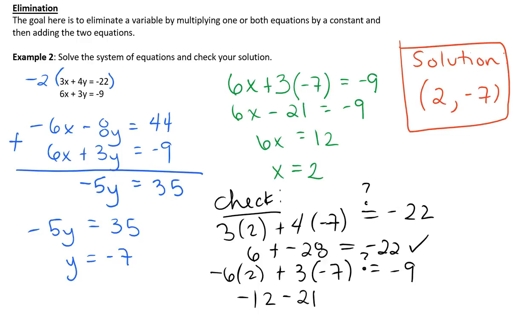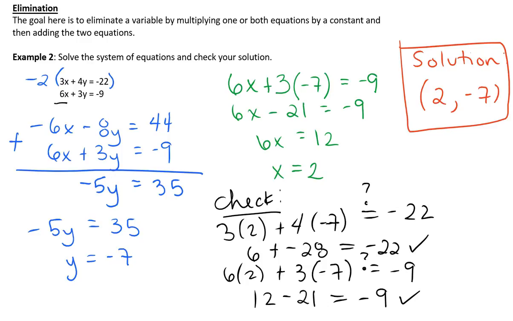Why not? Let's see. Oh, I have an extra negative right here. This negative should not be here. This is positive 6x, not negative 6x. So this negative should be gone, giving us a positive 12 minus 21, which does indeed equal negative 9. Okay, good. Whew, everything worked out.